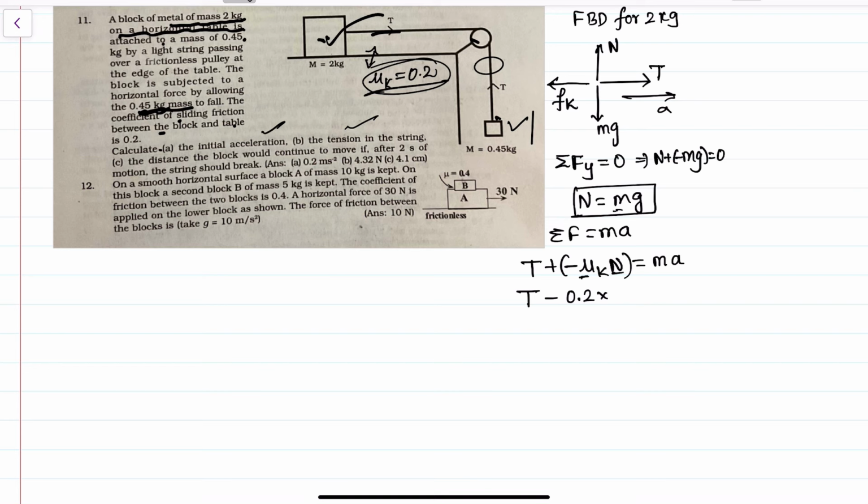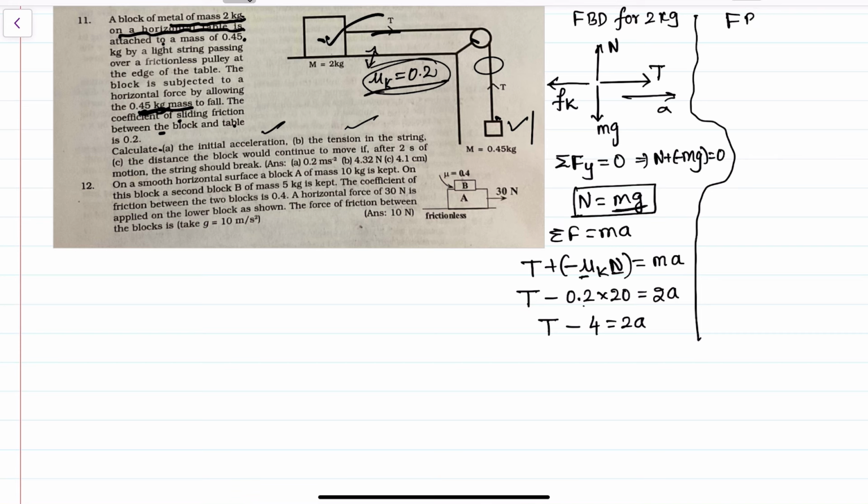N is nothing but m into g. Mass in this case is 2 kg. 2 into 10, that is 20, is equal to 2 into a. So T minus 0.2 into 20 is nothing but T minus 4 is equal to 2a.